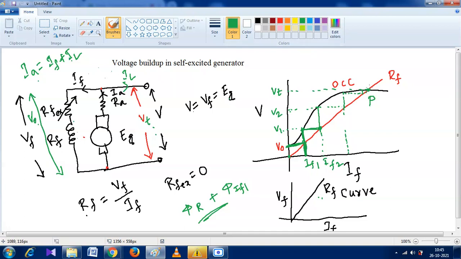They cross at the point P, and this is basically the final terminal voltage, and we denote it by Vt. How much voltage will be produced at the terminal after the voltage build up?